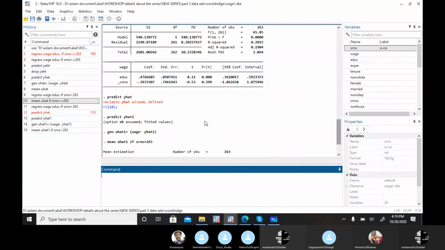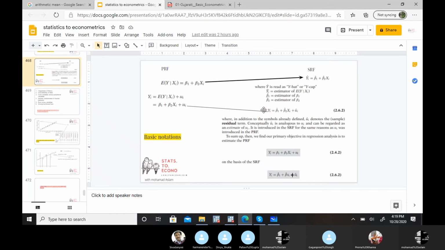The actual values are not the y hat values; the actual value is yi. Estimated part is only this one, beta 1 hat plus beta 2 hat xi. So this one is only the y hat, but with that we also have the unknown variable, the u hat, which is always there.